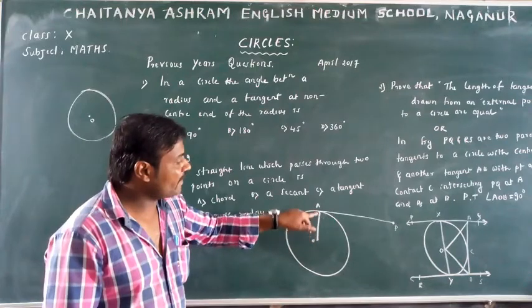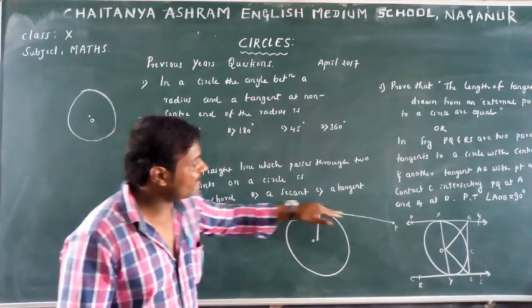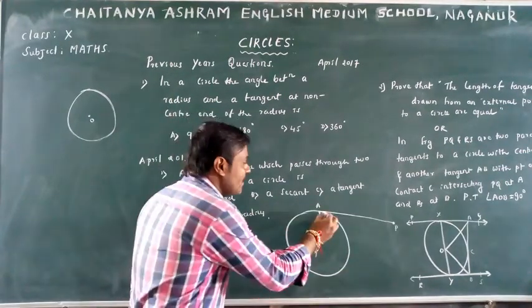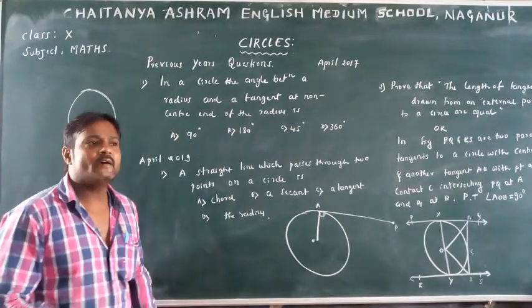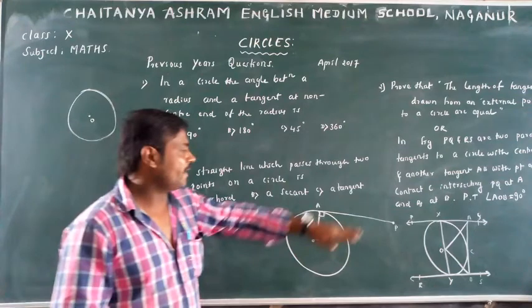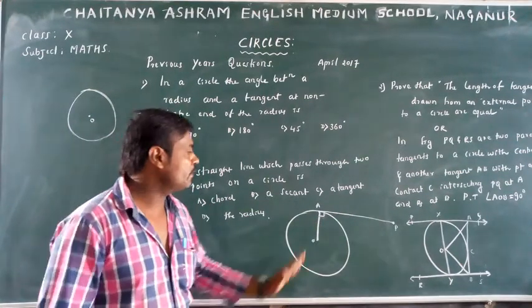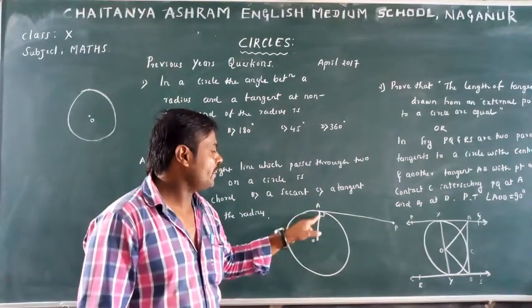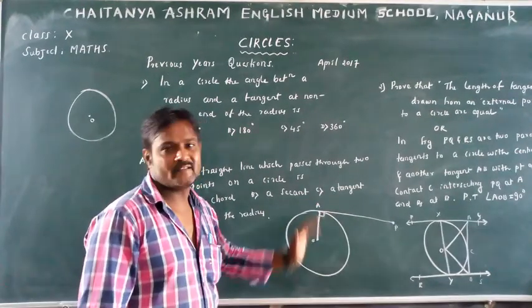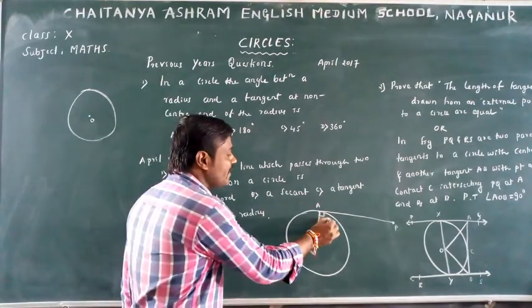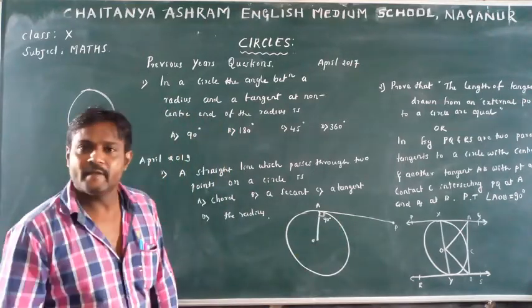So non-center end of the radius and the tangent, what is the angle between these two? Yes, we know that in theorem number 1, tangent is perpendicular to the radius through the point of contact. So this tangent is perpendicular to this radius, means what is the measure of this angle? 90 degree. Yes or no?